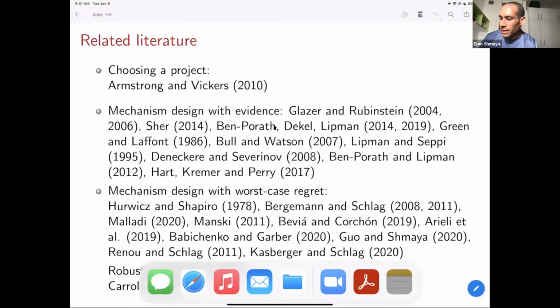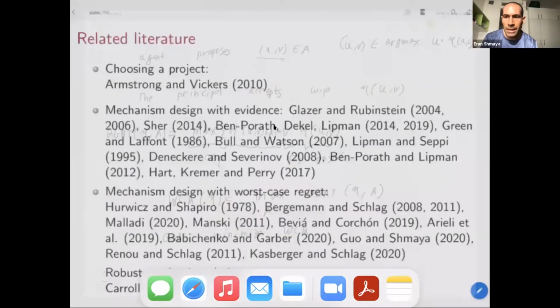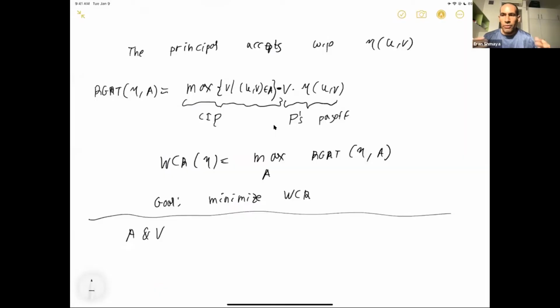Armstrong and Vickers, as I said, did my exercise, but in a Bayesian setup. So first you have to define how to think about a prior over subsets.